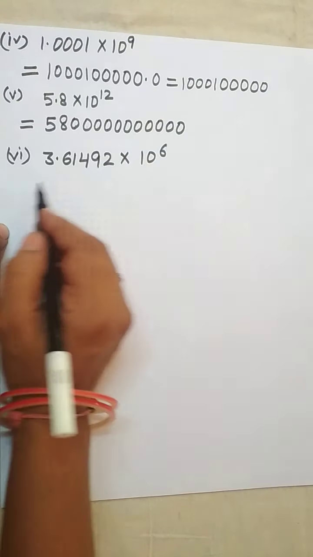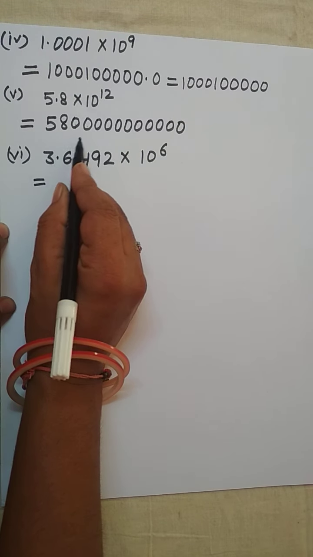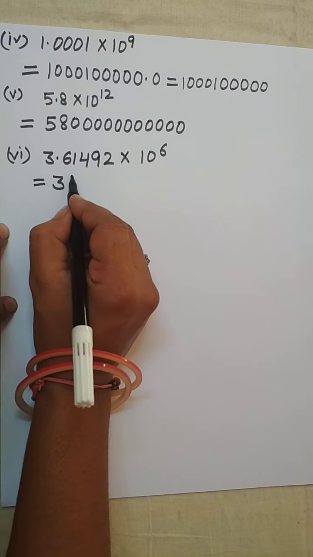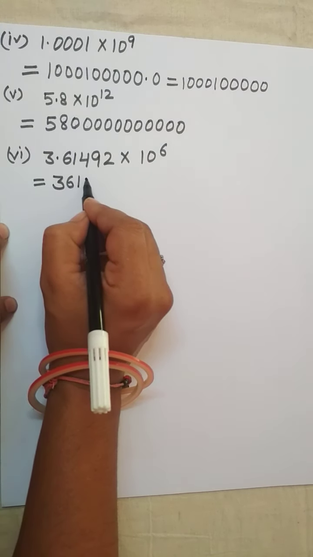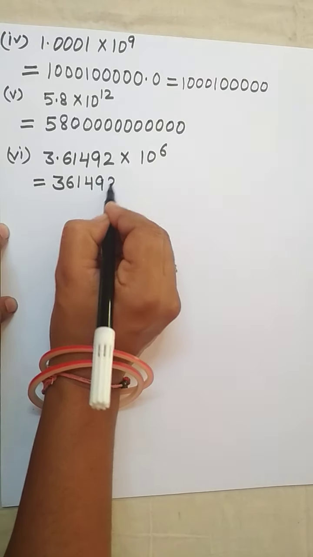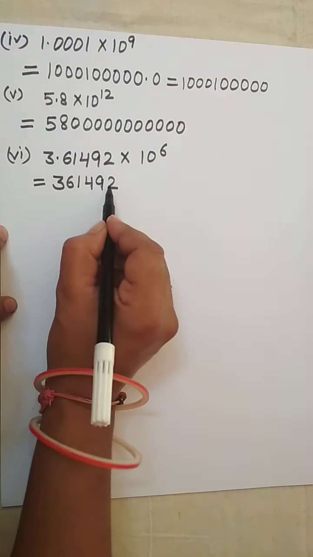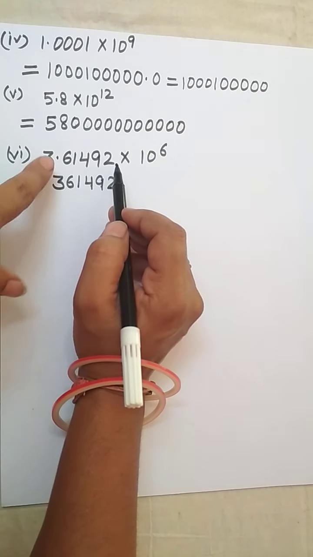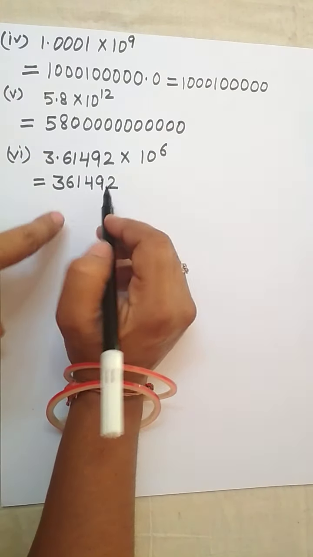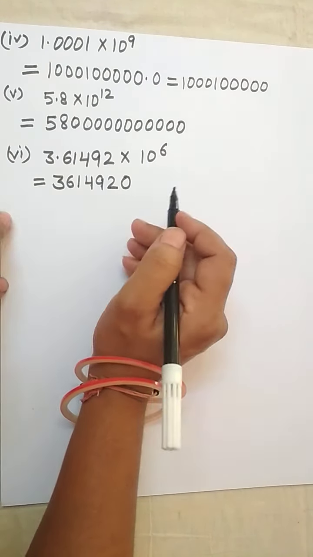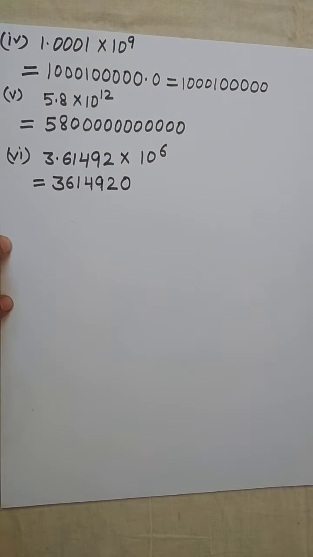Again the power is positive, so we will shift this decimal to the right side. This is the first digit 1, 2, 3, 4, 5. We want to shift this decimal by 6 digits. These are 5, so I will put 1 0 here, and which is the required answer.